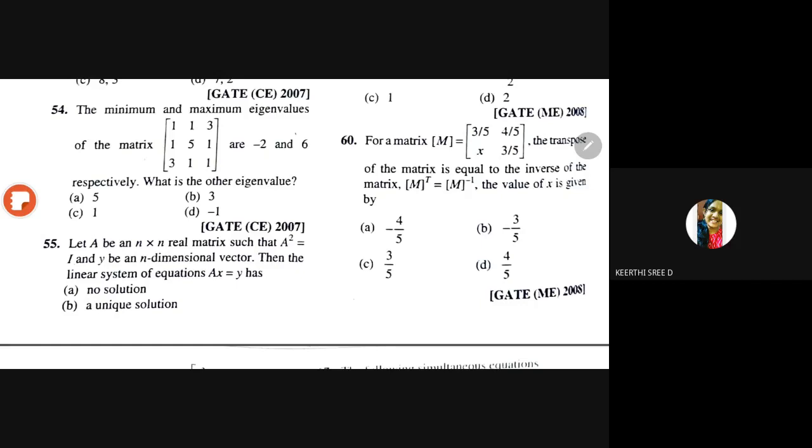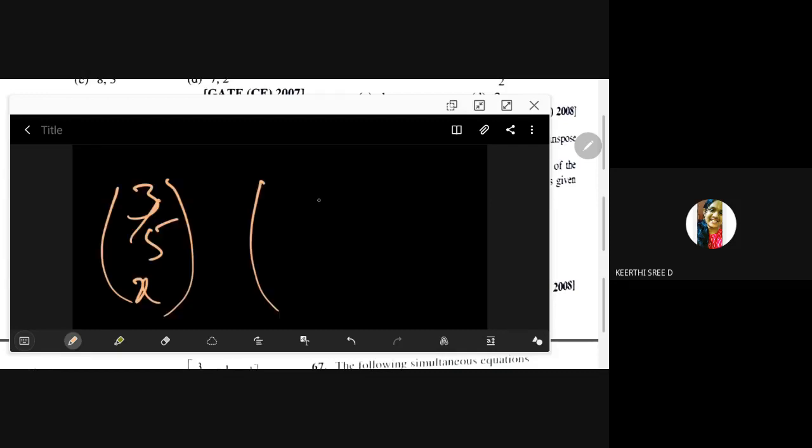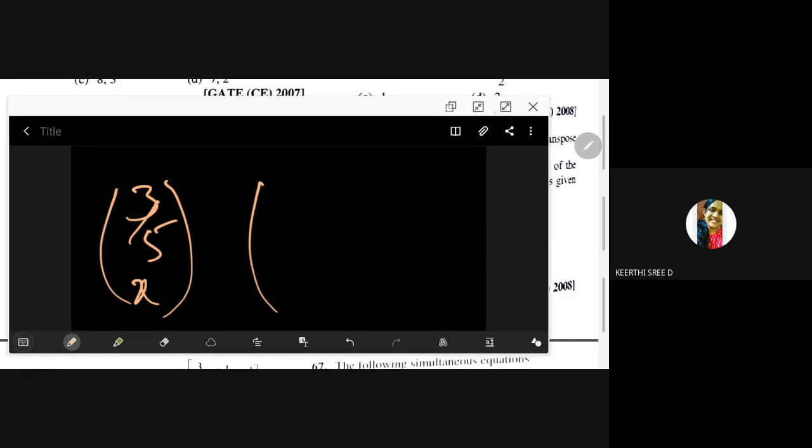You have 3 by 5, X dot product with the other one, 4 by 5, 3 by 5. Just simply multiply. If you multiply that, what are you getting?